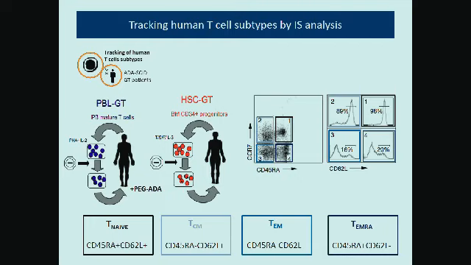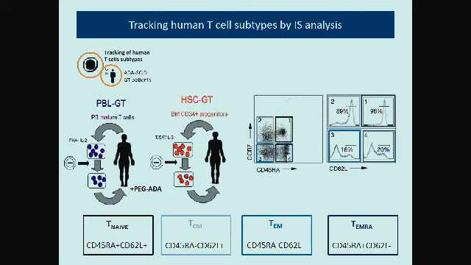In the first set of individuals, which was a first early gene therapy trial, patients only received peripheral blood mature T cells. In the second trial, which is now the one that achieved the highest efficacy, patients actually were treated with bone marrow CD34 positive cells.